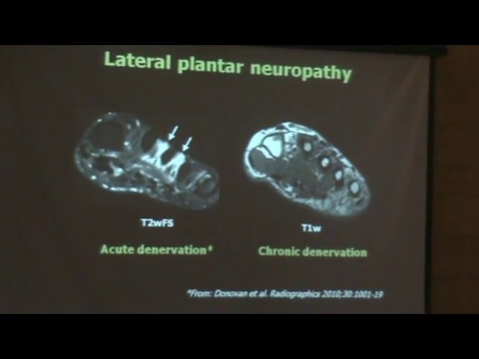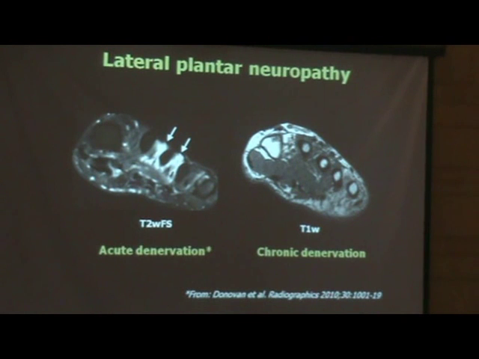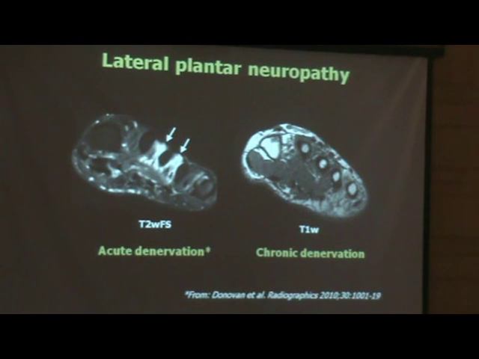So this is another case, different from Baxter neuropathy. For lateral plantar neuropathy that we can see distally, entrapment at the level of the tarsal tunnel or even distal to it, this is the pattern. We can see an acute denervation involving the interosseous muscles at the second and third spaces.